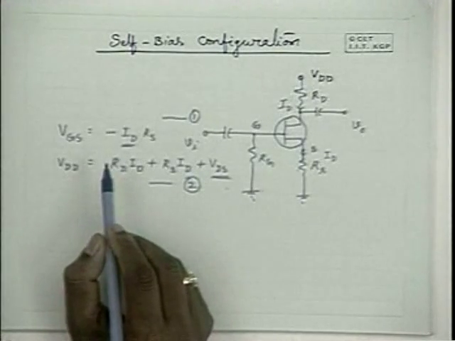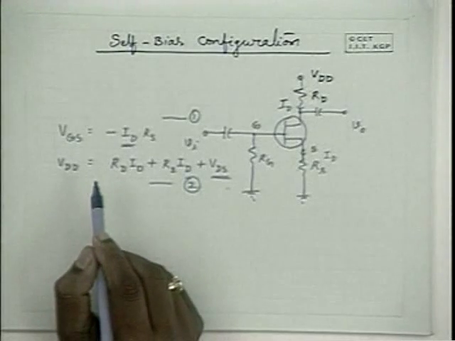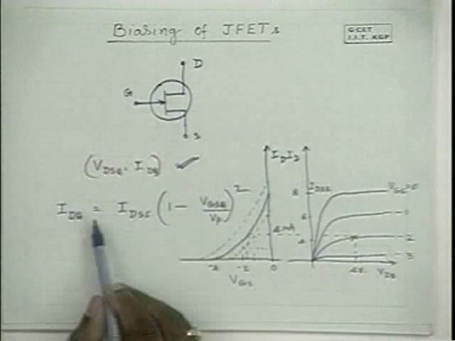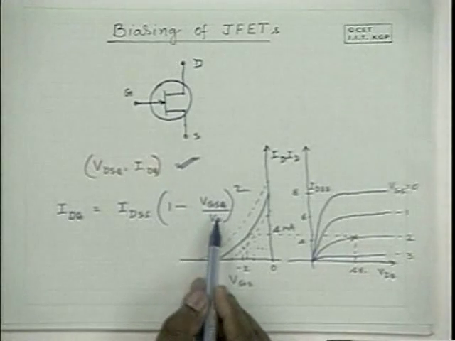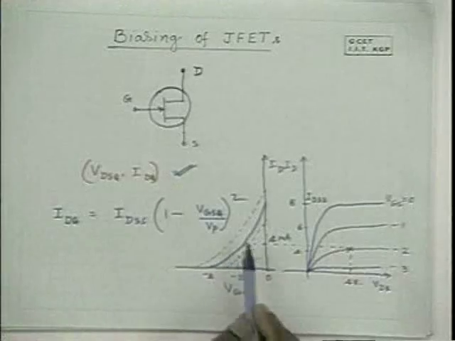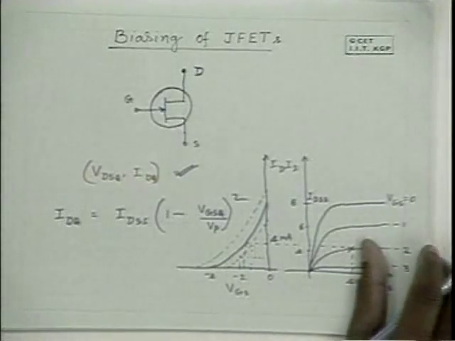You have the third equation, the equation that describes the transfer characteristics: IDQ is equal to IDSS into 1 minus VGSQ by VP whole square. This equation is also to be used to solve these two equations. Or alternatively, we can use the transfer characteristics to solve this equation.